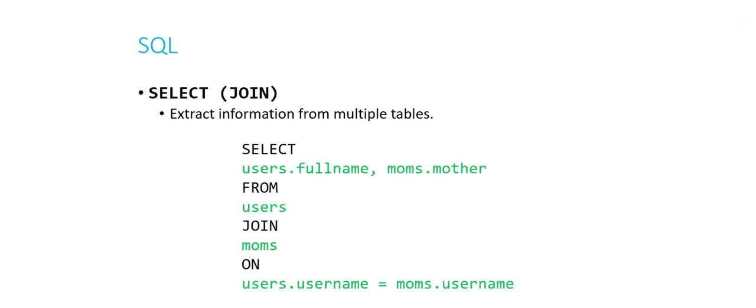So for example, I might have a query that looks like this. Select users.fullname, moms.mother from users joining the moms table onto it temporarily, where the, or on, which is akin to where, on users.username equals moms.username.